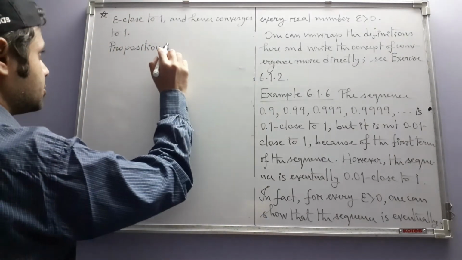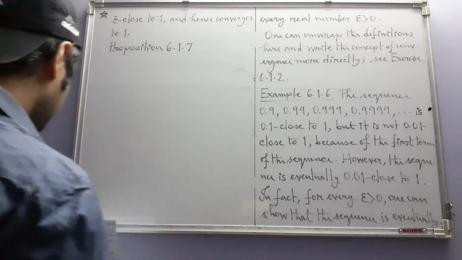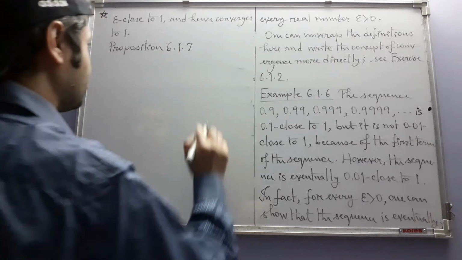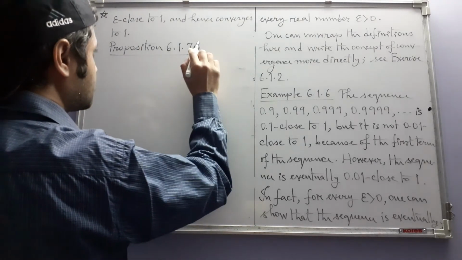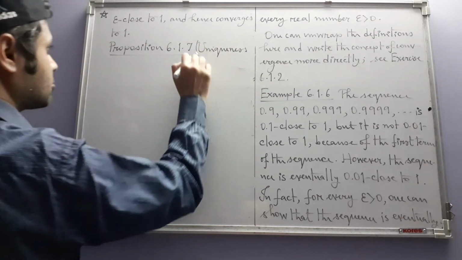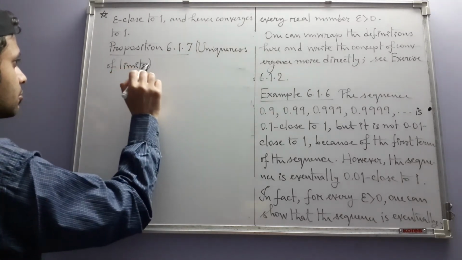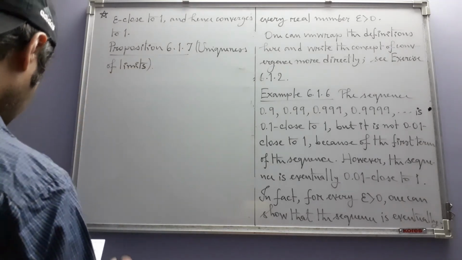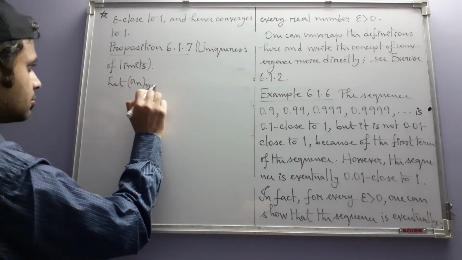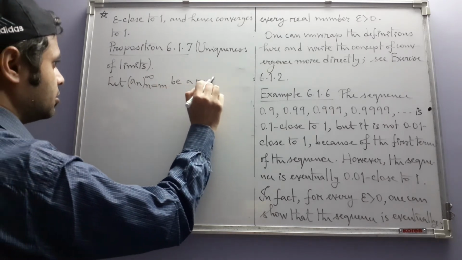So proposition 6.1.7, uniqueness of limits. Let a_n be a real sequence.